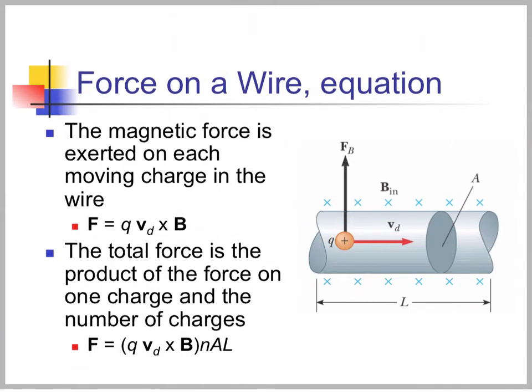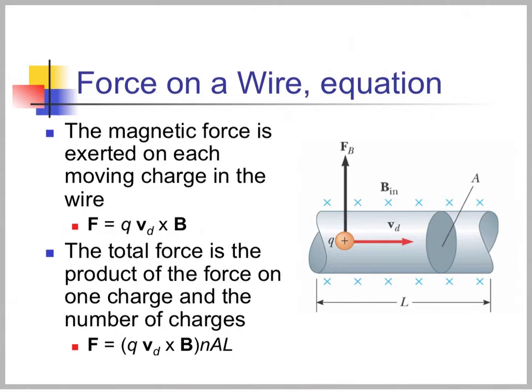So what's going on is there's a magnetic force on every single moving charge in the wire. The force is going to be Q times the drift velocity of the charge crossed with the magnetic field. The total force is the force on one charge times the total number of charges.